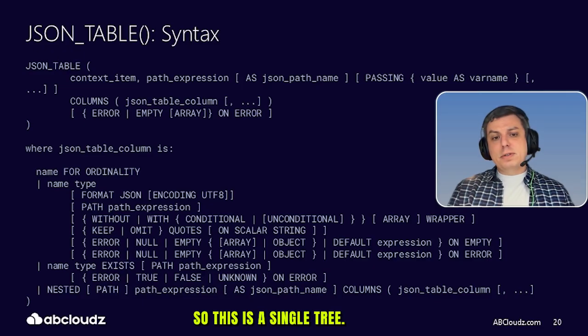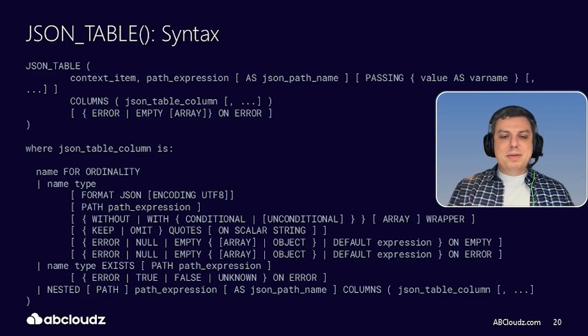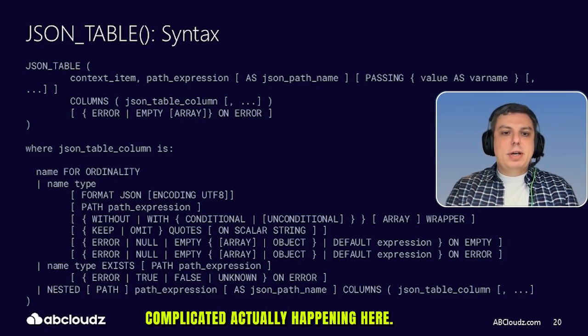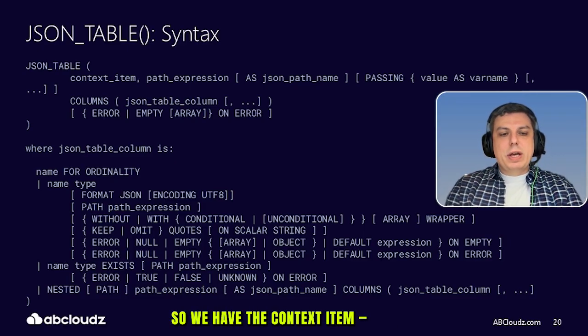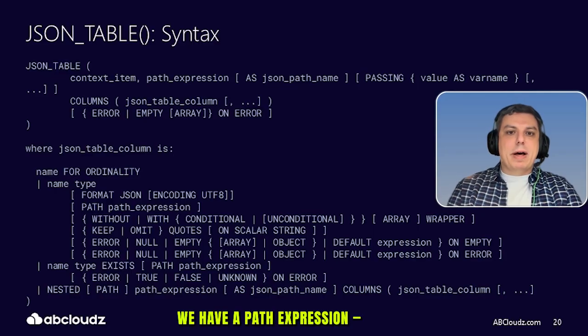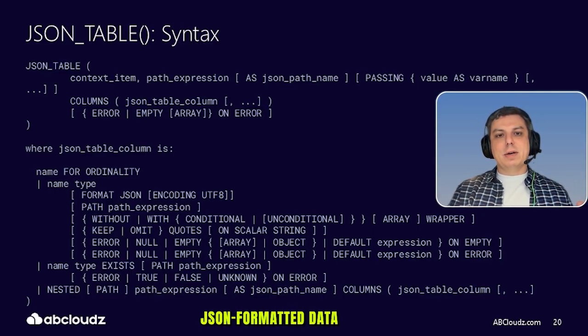So this is a syntax tree. It may look a bit overwhelming, but there is nothing complicated actually happening here. So we have the context item where we are going to take our JSON formatted data from. We have a path expression, like which part of this JSON formatted data we are going to parse and use.